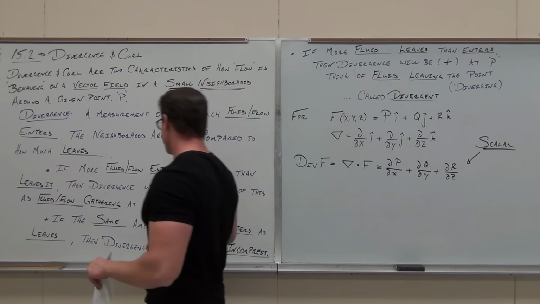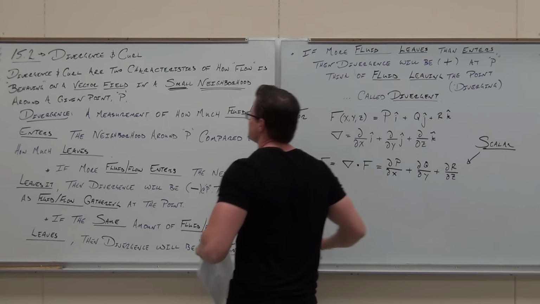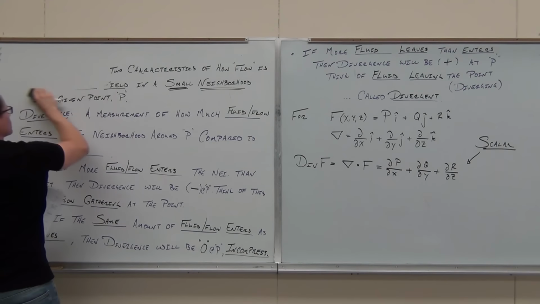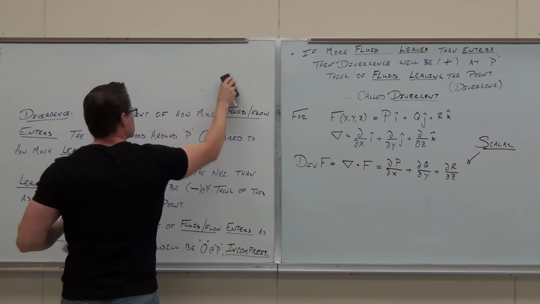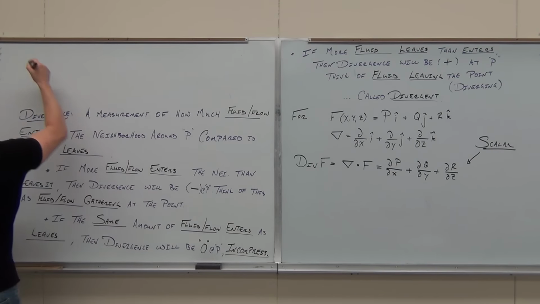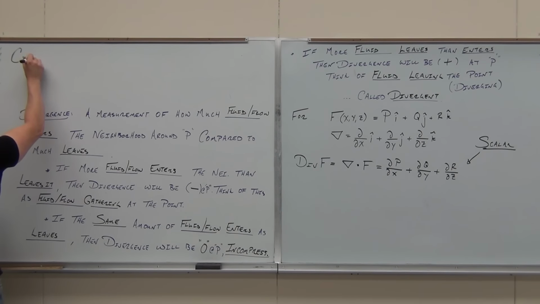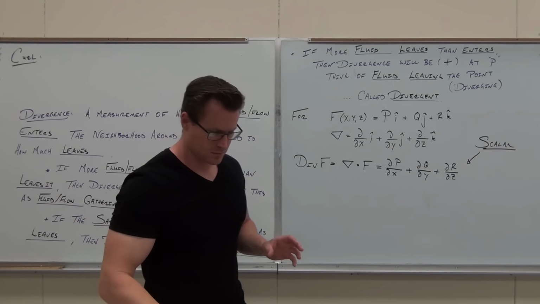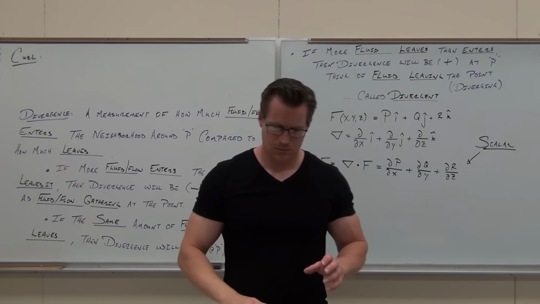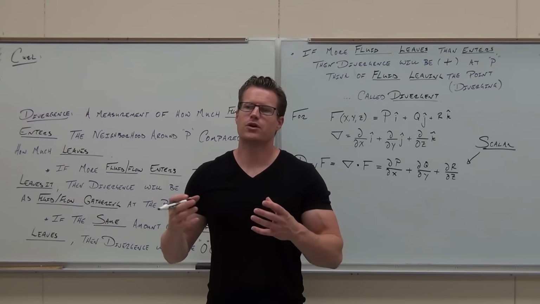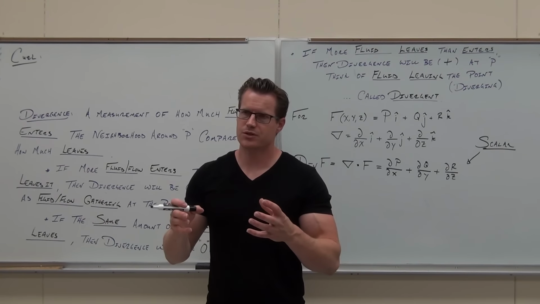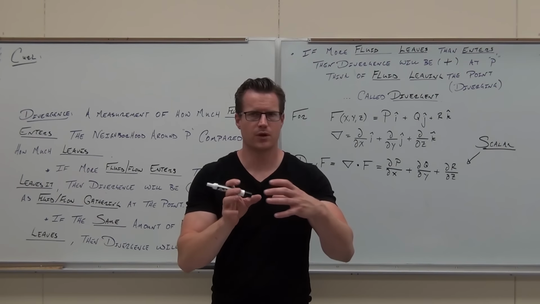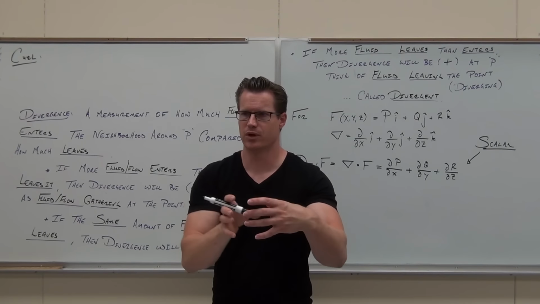The second one's called the curl. What the curl does, it measures the tendency of the fluid or the flow to rotate within the neighborhood of a point.